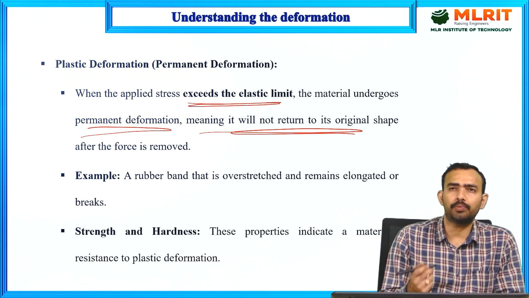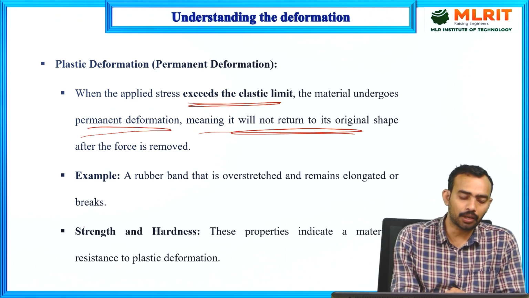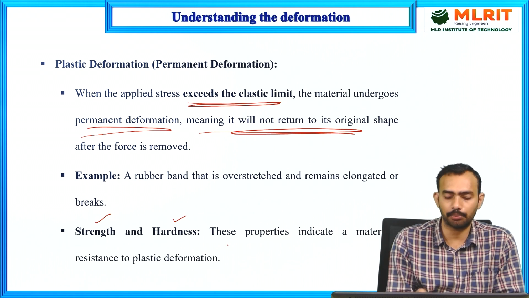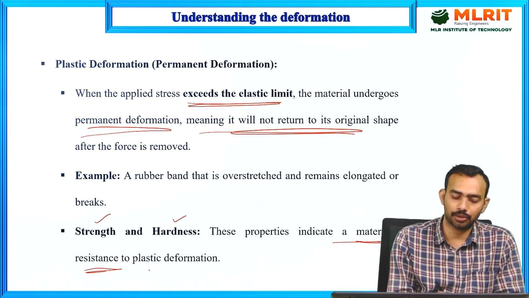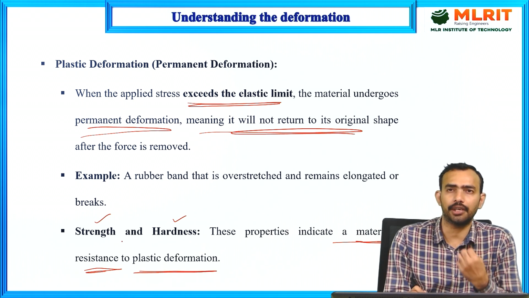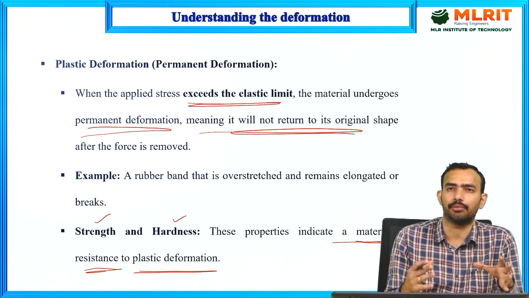So what are the two properties which are directly affected by these? One is the strength, the other one is the hardness. These are the two material properties which basically indicate the material's resistance against plastic deformation.